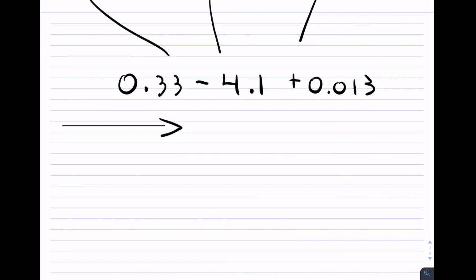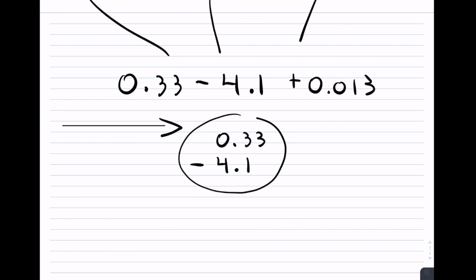So first, 0.33 minus 4.1. That's the first thing that I have to do. And now notice, don't fall in the trap of trying to subtract it in this way. You have to now think, okay, I have just these two numbers.